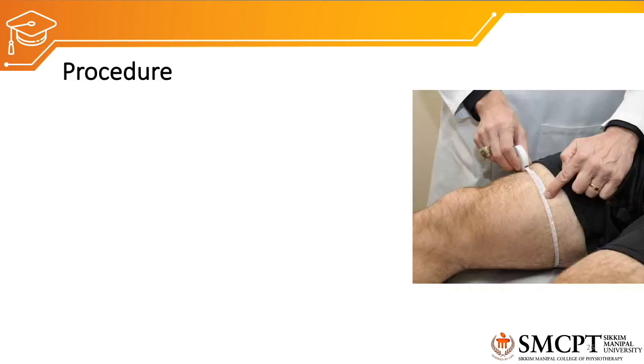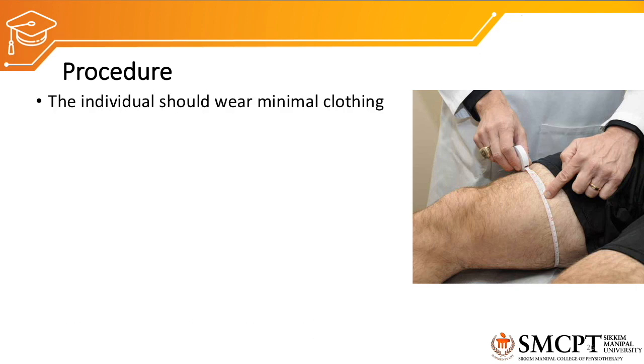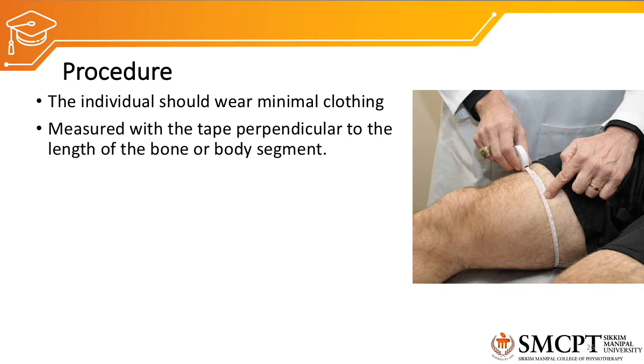Some of the procedures we need to follow for taking girth measurements: the most important is to remove the clothing. If you measure with clothes on, the reading of the girth of the limbs will be inaccurate. The measurement should be perpendicular to the skin surface so that we get an accurate measurement, and also perpendicular to the bone of the body segment.